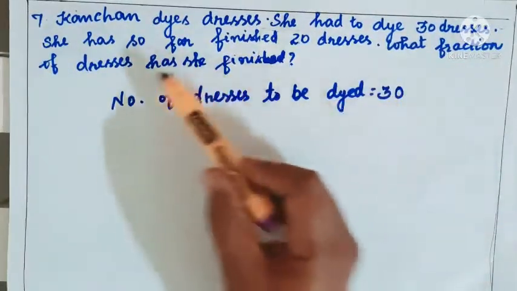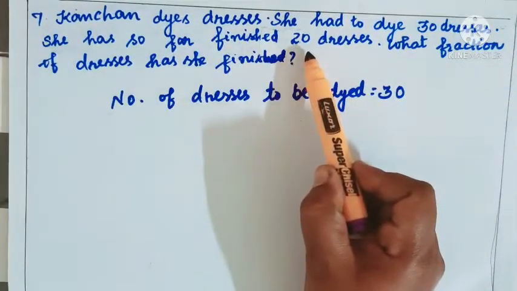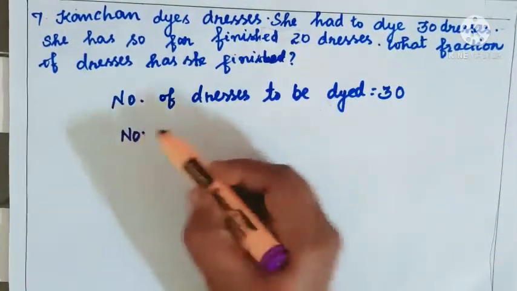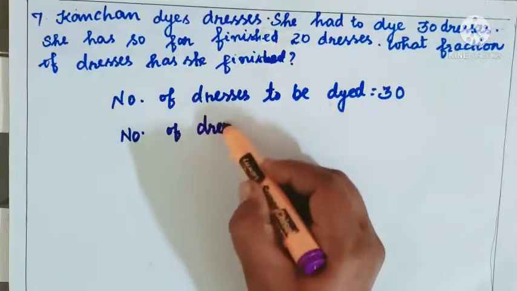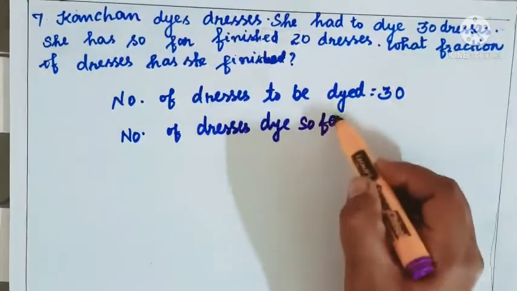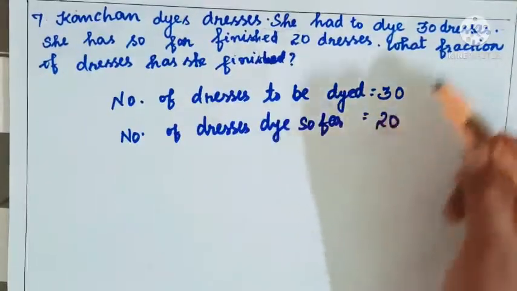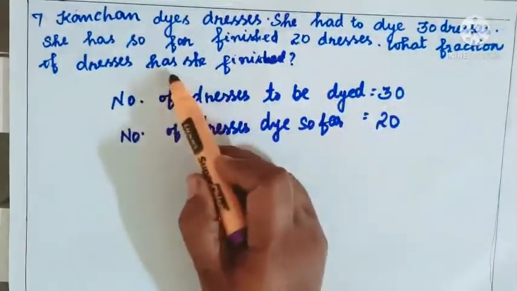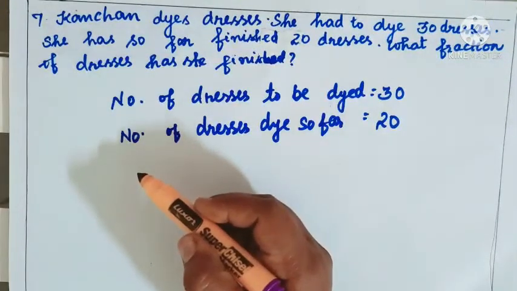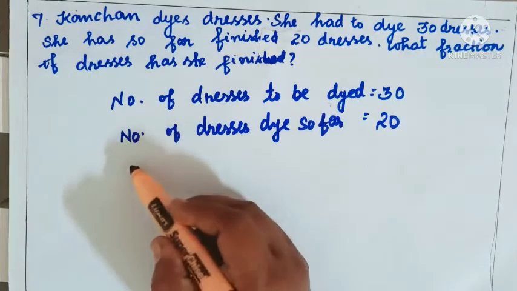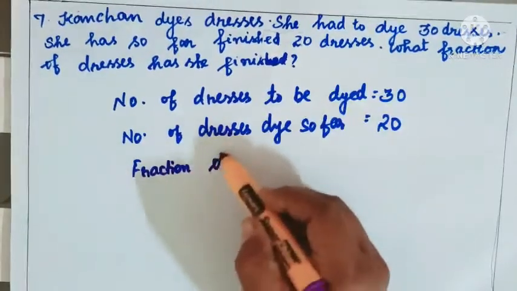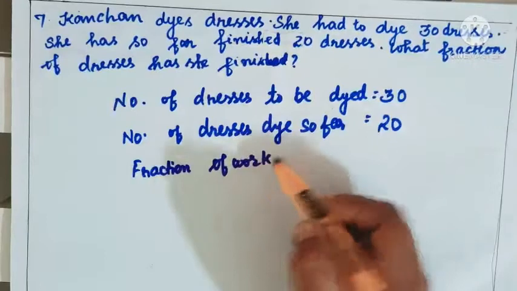Okay. Here, how much has she finished? 20 dresses, isn't it? So number of dresses dyed so far is what? 20. So what fraction of dresses has she finished? So fraction. Now we write this: fraction of work completed.